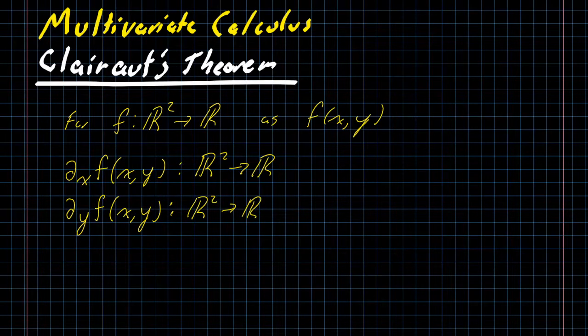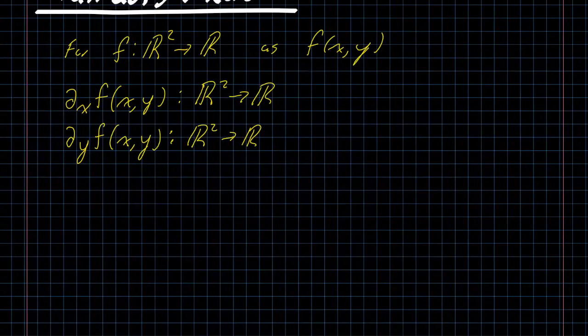And so we should be able to take each of these functions and take its partial derivatives as well. So we should be able to take the partial derivative with respect to x of the partial derivative with respect to x of f.